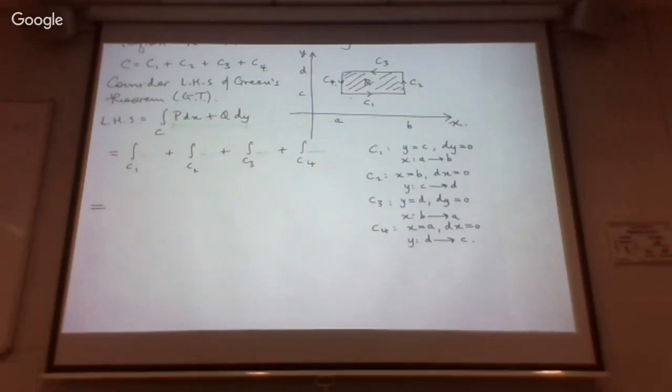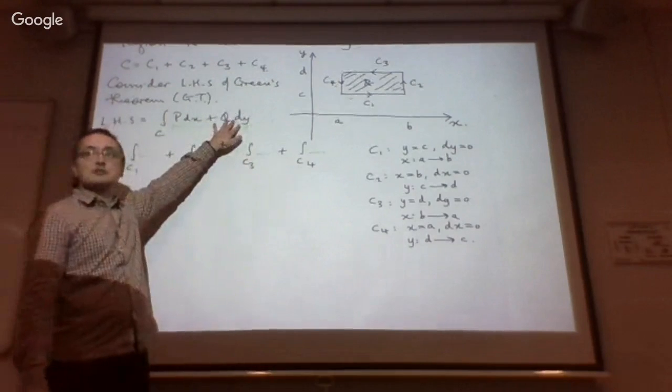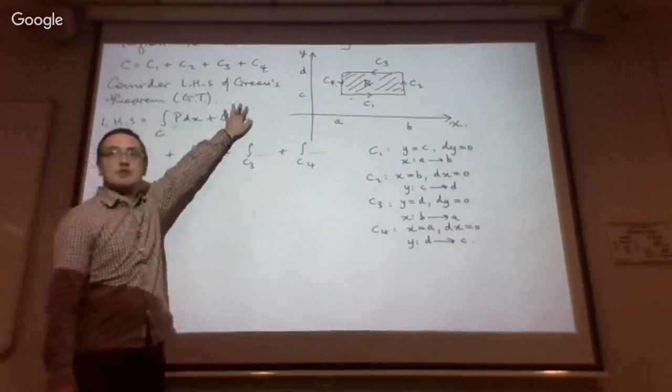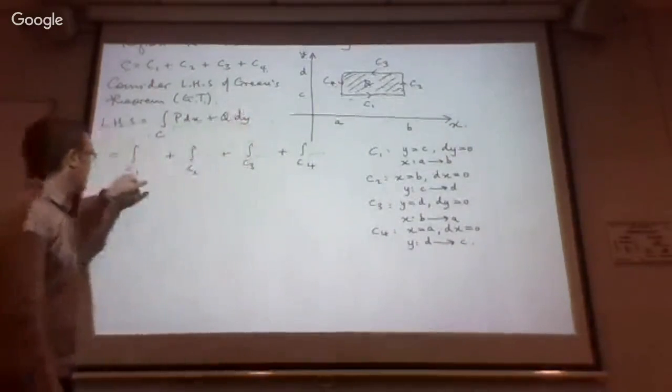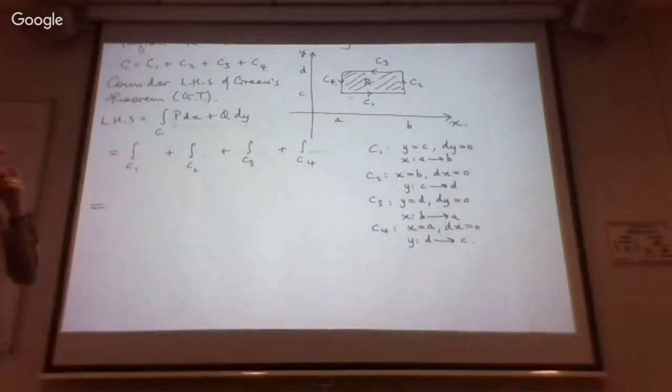So we can write down expressions for how each of these four integrals will simplify. In the first integral, dy is equal to 0, so there will be no q dy bit. It's all going to be rubbed out, so it's equal to 0 along C1. y is fixed at c, and we're integrating x from a to b.